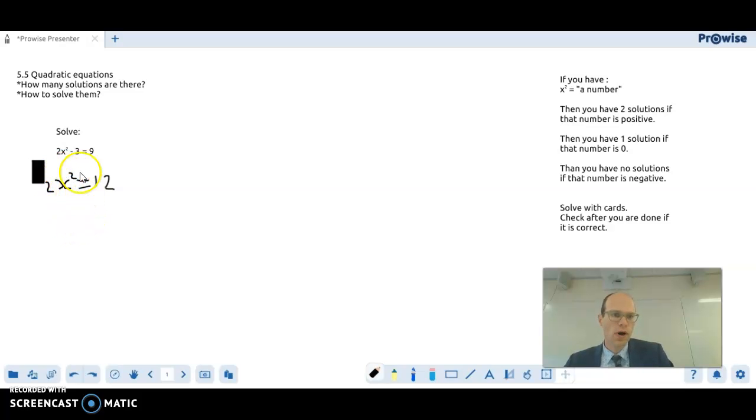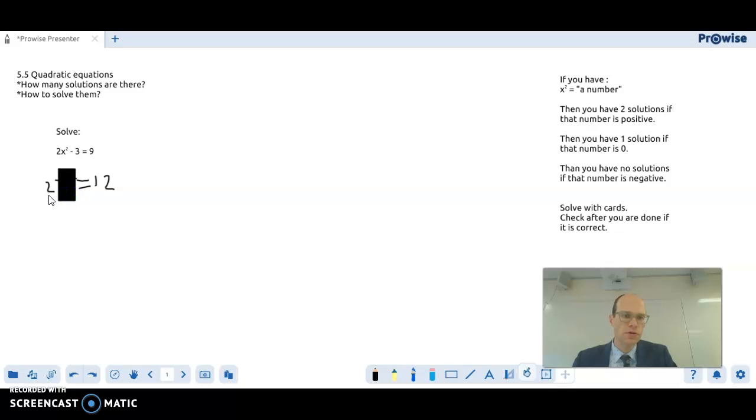Okay, I want to know what x squared is. So I'm going to grab my card again, and I'm going to place it on the x squared. I need to make my card a little bit bigger. So over here, what do I have?